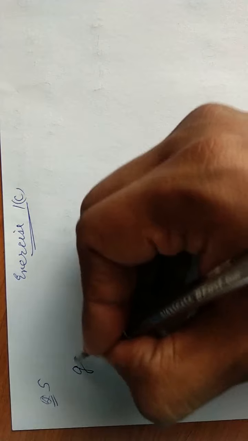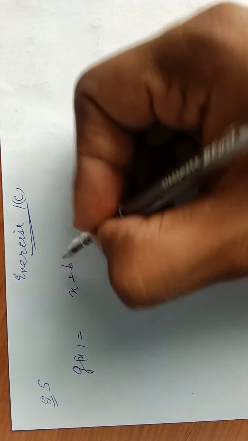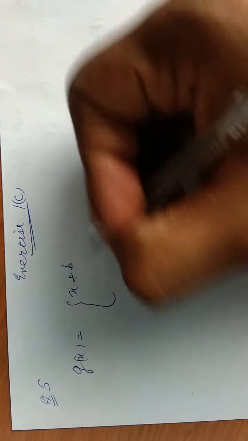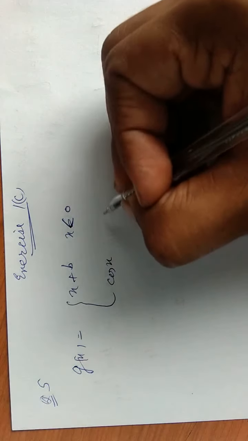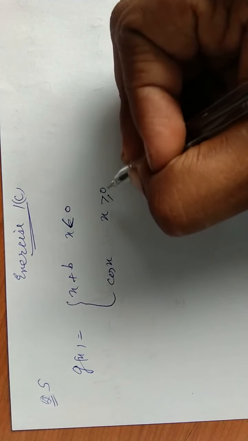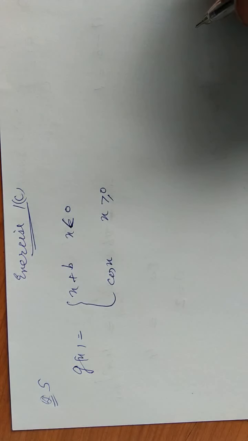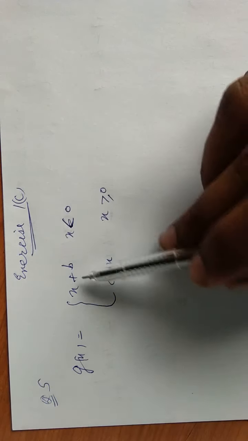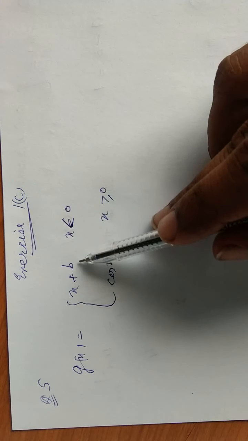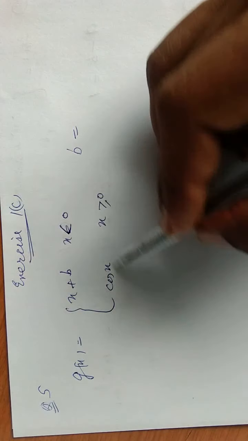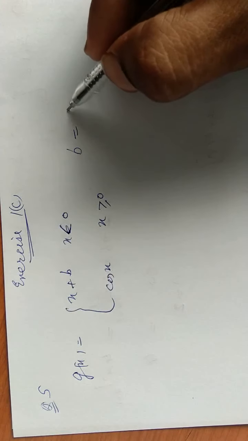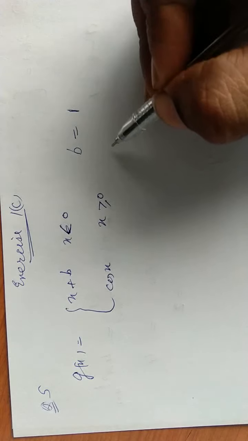We have given g(x) is equal to x + b when x is less than 0, and cos x when x is greater than or equal to 0. Okay, so we need the function to be differentiable at x equal to 0. So first check its continuity. If the function is continuous, at x equal to 0, LHL is b and RHL would be equal to 1, so b equal to 1.